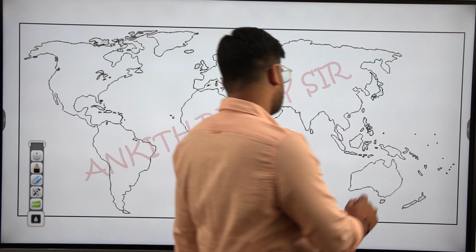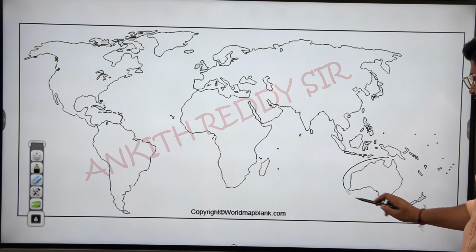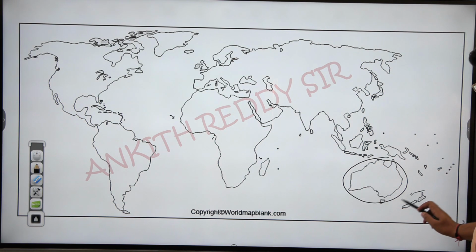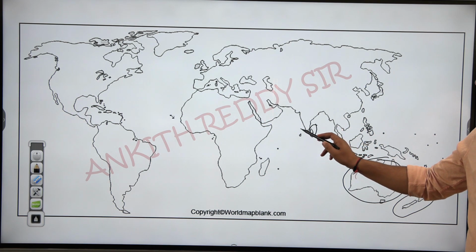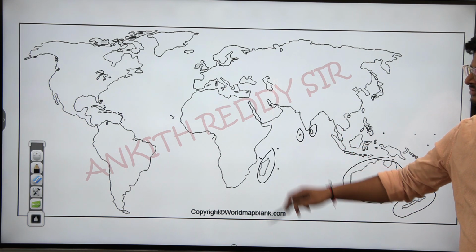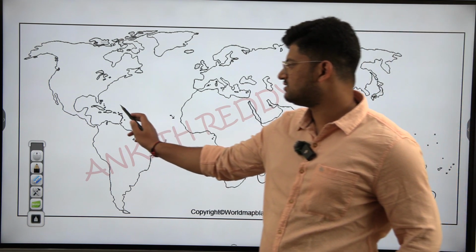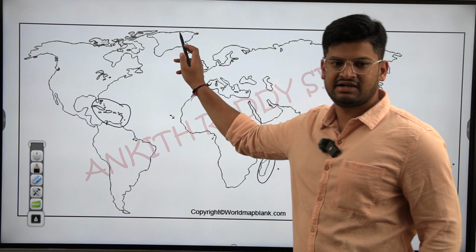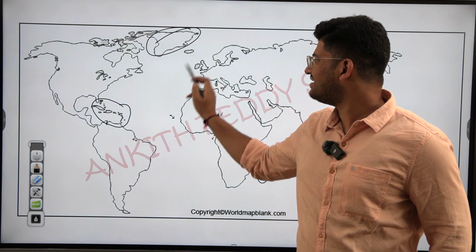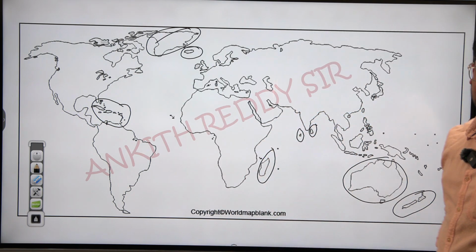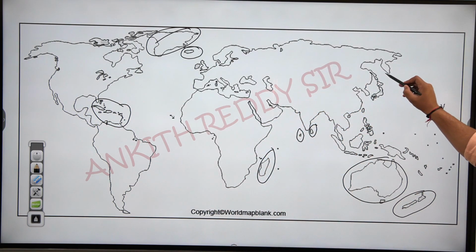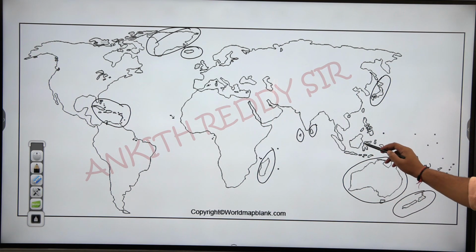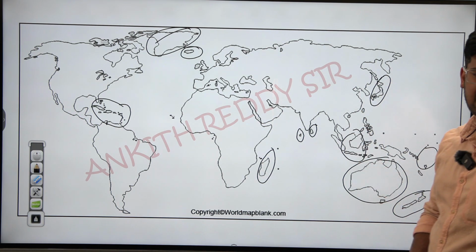You can see Australia is an island continent, New Zealand is an island country, Sri Lanka, Maldives, Madagascar, okay, the Caribbean islands, Greenland is also an island, Iceland, Japan, Indonesian islands, Fiji islands. So these are important islands of the world.